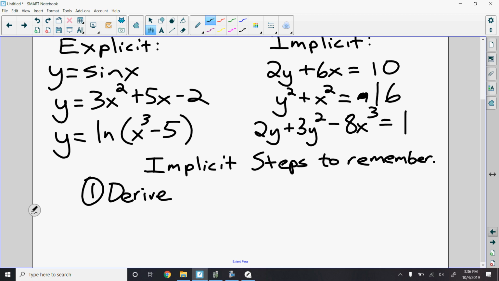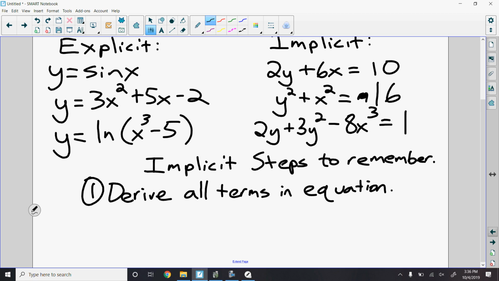So we have to do the derivative of all the different terms in the equation. This includes x's, y's, constants, and anything else. So we have to derive all of the stuff in the equation.